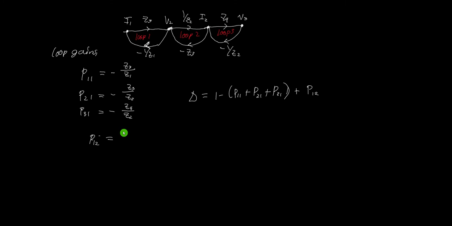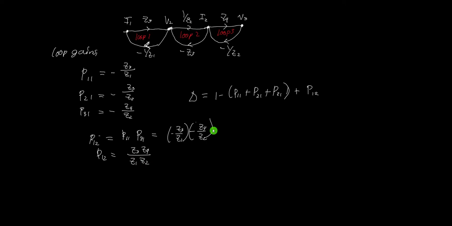So P12 is equal to P11 times P31, because loop 1 and loop 3 are not touching. We don't include loop 2 because it's touching both of them. P11 is negative Z3 over Z1, and P31 is negative Z4 all over Z2. Therefore, P12 is equal to positive Z3 Z4 all over Z1 times Z2.